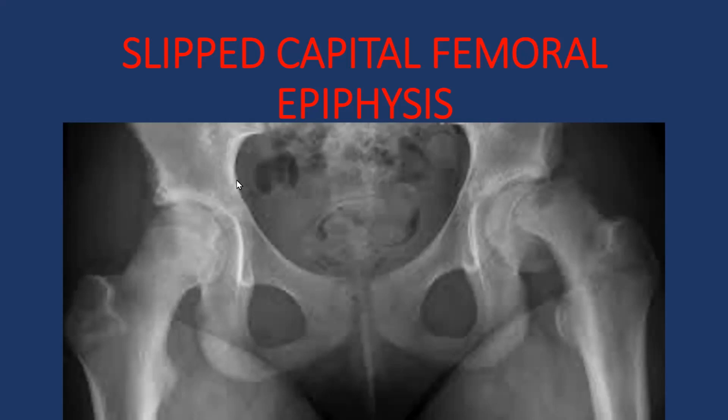Remember my words: when you're operating on these cases and you have a high riding hip and you do a subtrochanteric osteotomy, you don't realize how easy the surgery becomes.